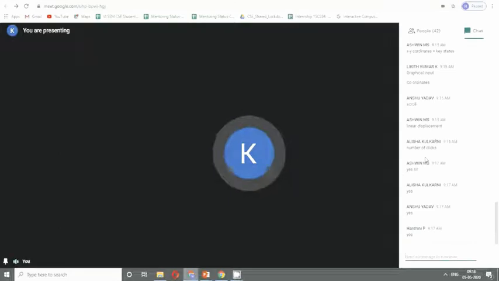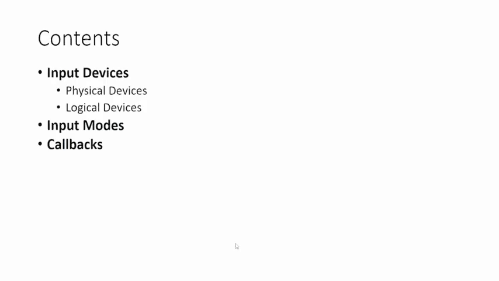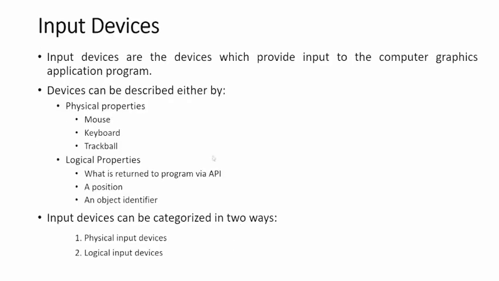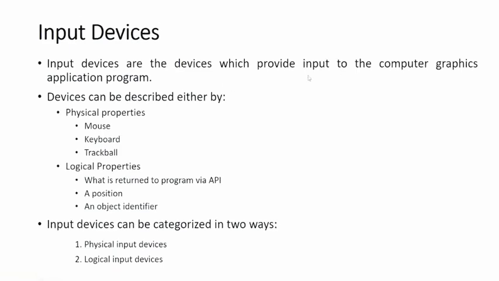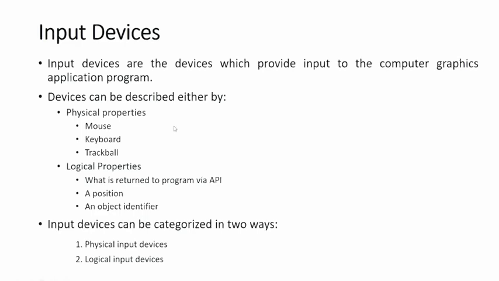What matters for the application program is what type of input it gets. Apart from that, we can also classify these devices based on their physical layout. It can be keyboard, it can be mouse, and so on. So based on these characteristics we can classify our input devices. The devices which provide input to your application program in computer graphics are treated as input devices. Now, so far we have discussed two kinds of properties.